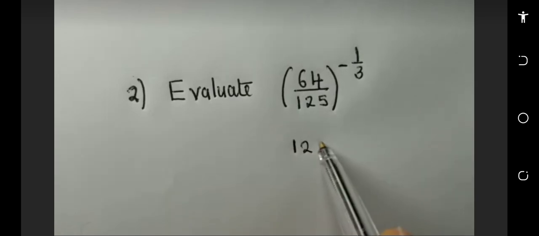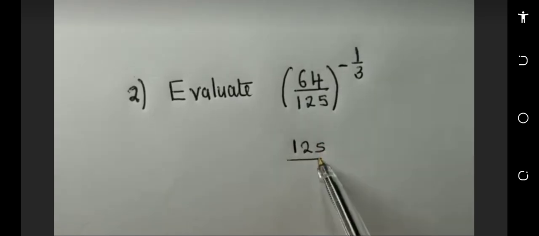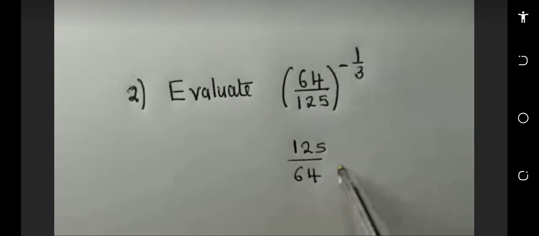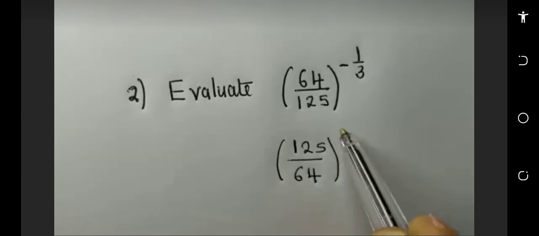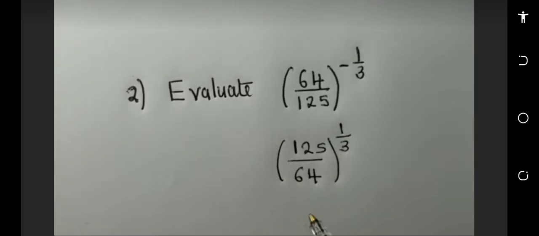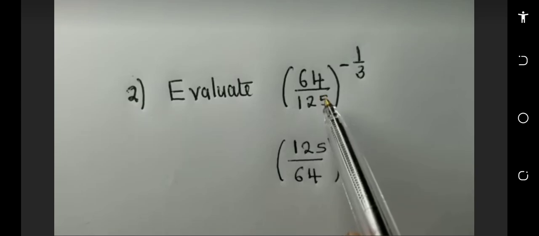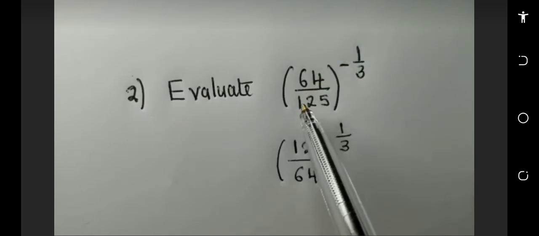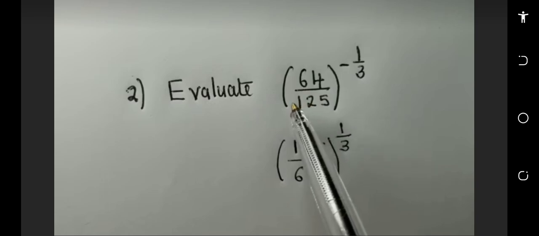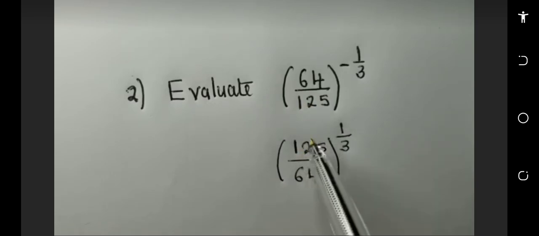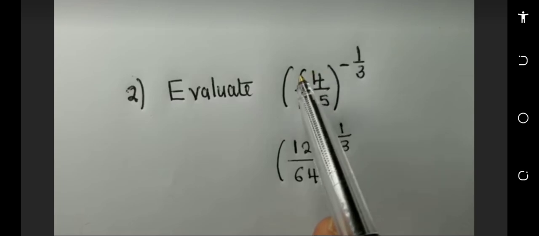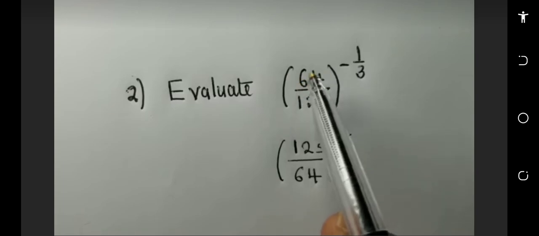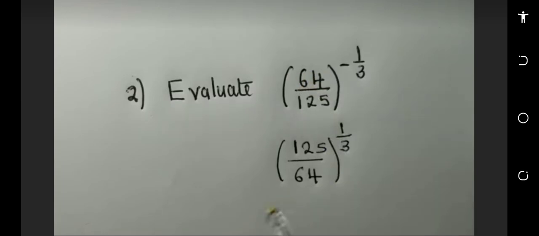So we shall have 125 over 64. And then the power will now be a positive power. So you see, almost the same thing. This power will just reciprocate what is inside. We shall have 125 become a numerator, and the numerator there, 64, become the denominator.